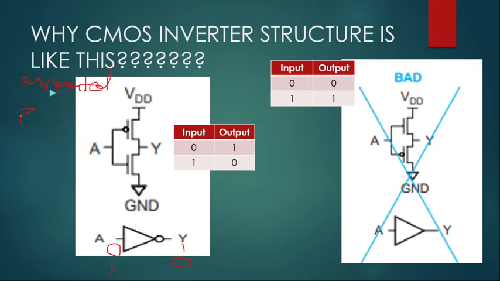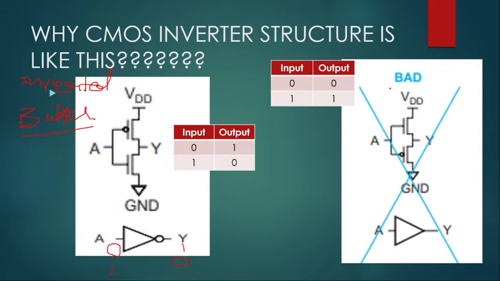Now what is a buffer? A buffer is a storage device that stores the value. If it is 0 it will store it as 0, if it is 1 it is stored as 1. So an inverting buffer means if the value at the storage point is 0, it will store it as 1 and vice versa.